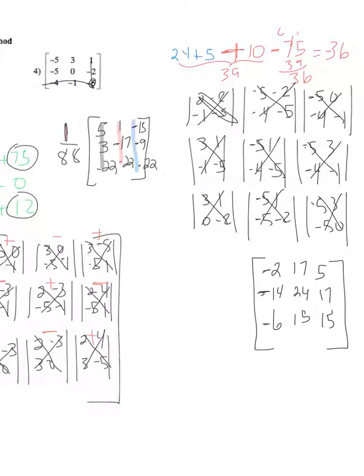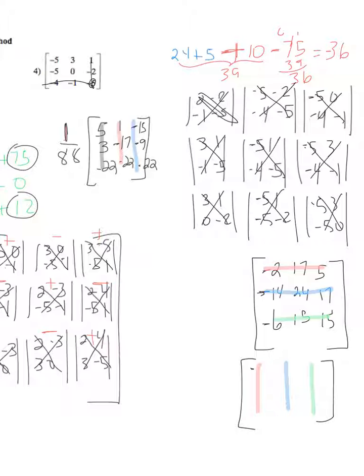And okay, I'm going to take this one, put it there, and this one, put it there, and this one, put it there. So let's see if we can do that.